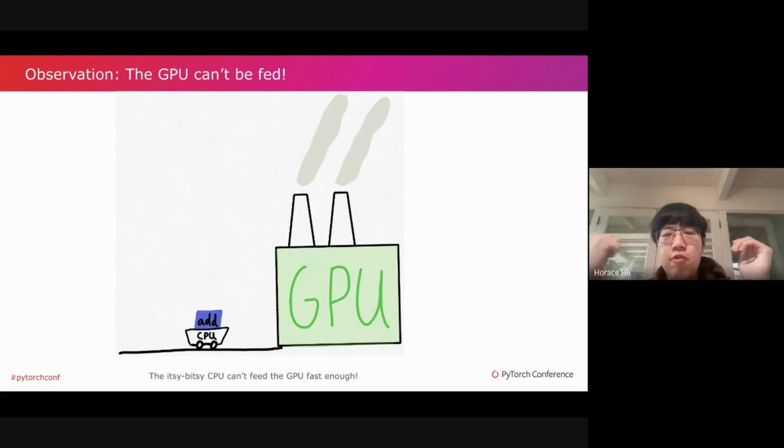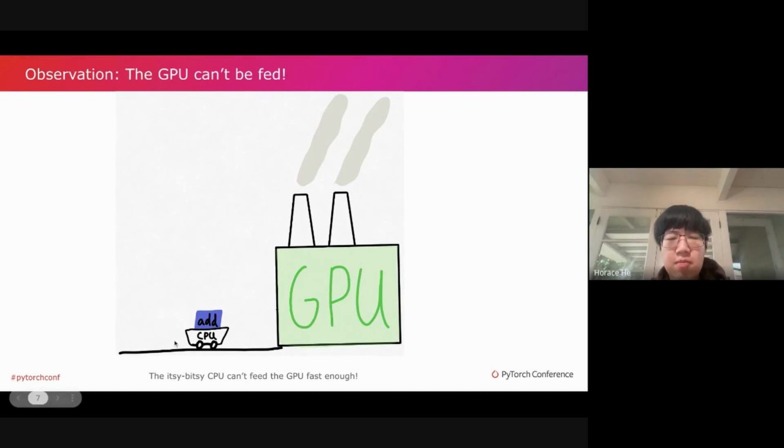If you take a look at a profile, you see very large gaps. You can imagine the CPU sends this add instruction to the GPU. The GPU completes that extremely quickly, and before the CPU can go back and tell the GPU to do another instruction, the GPU is waiting all of that time.